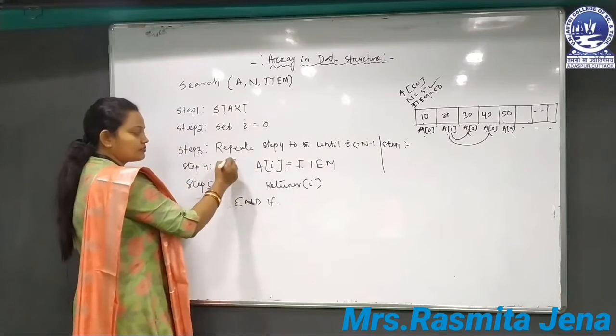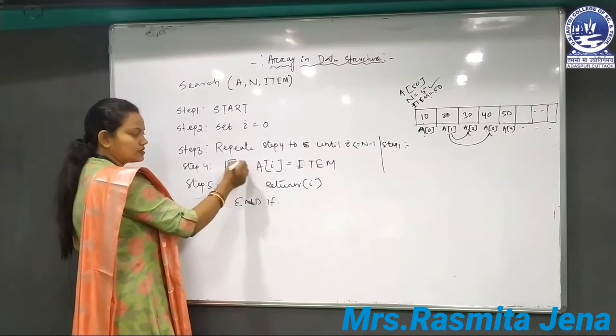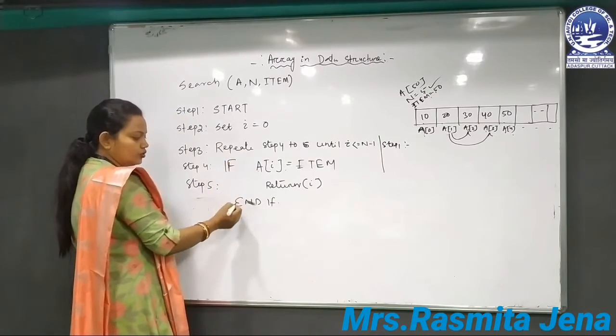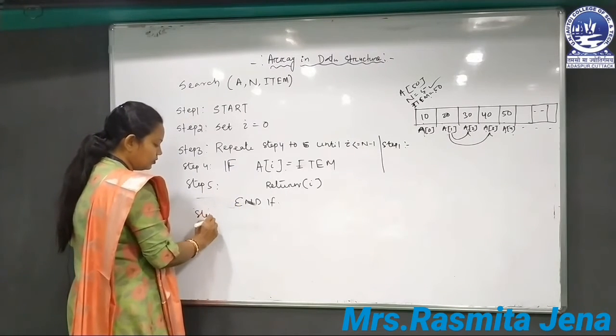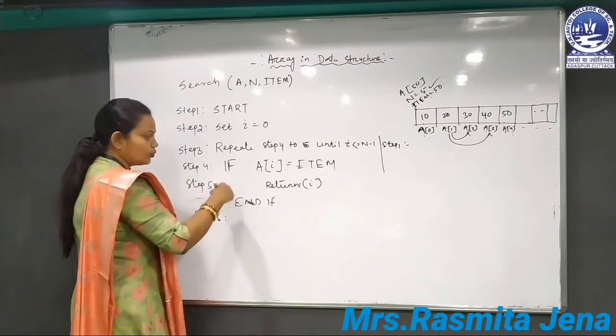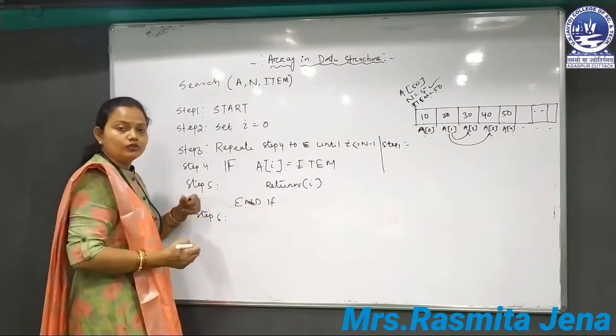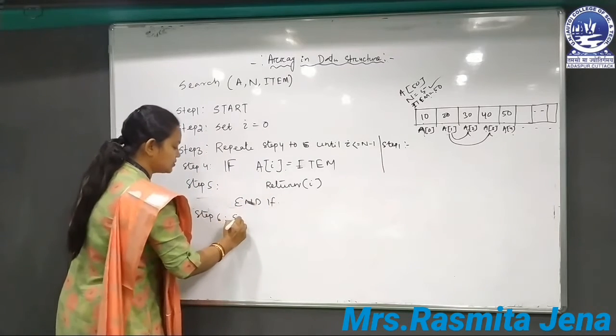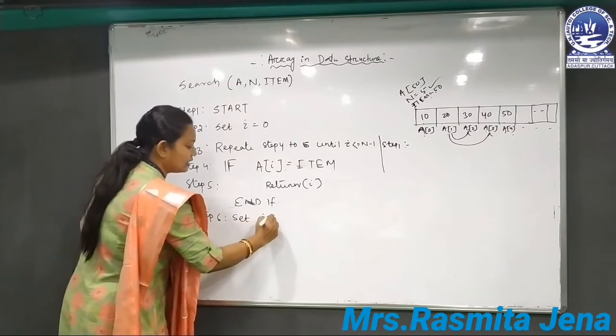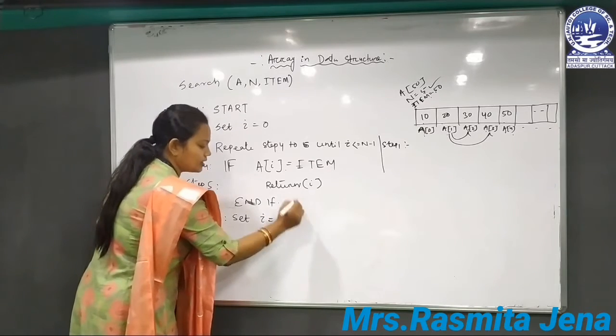If this condition is false, then from this location to this location we will go, that is end if. In step 4, what will we do? We will increment the counter variable for checking the next array location. That is, we can set I equals I plus 1.